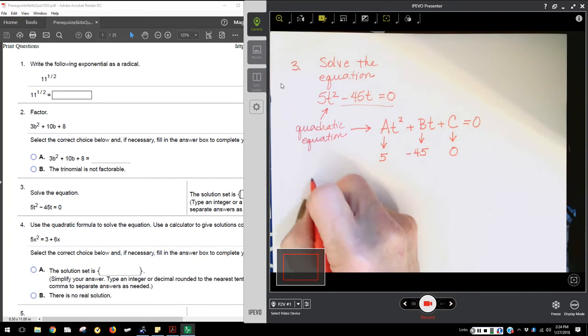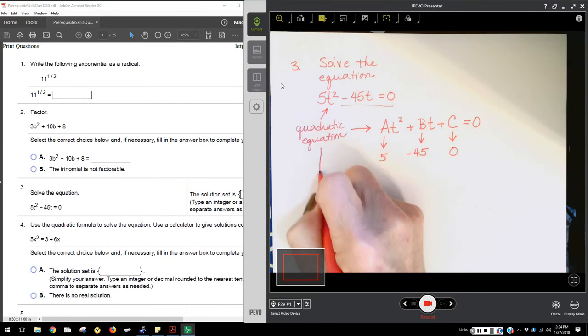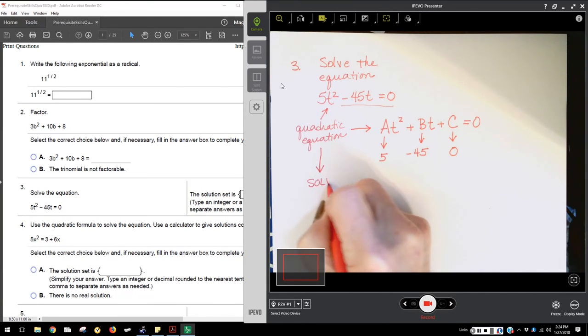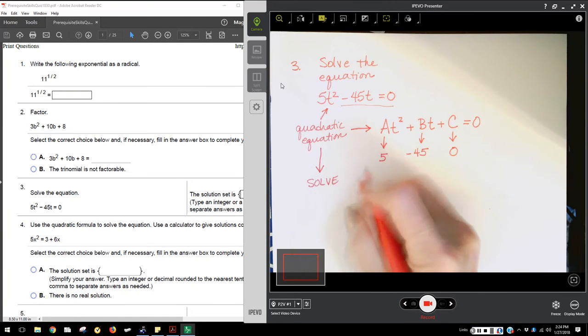And to solve quadratic equations, the most efficient way is with the quadratic formula.